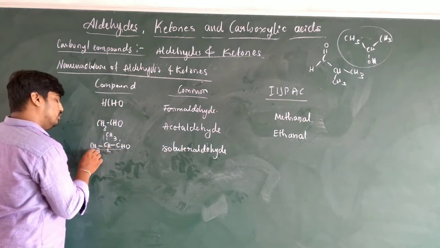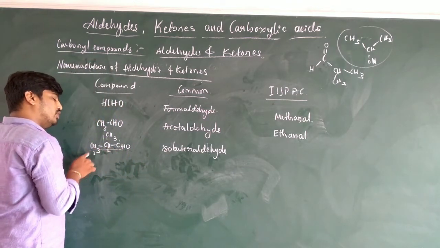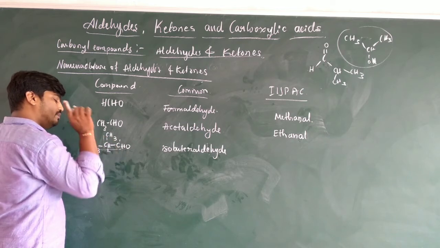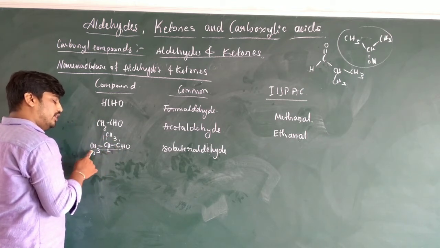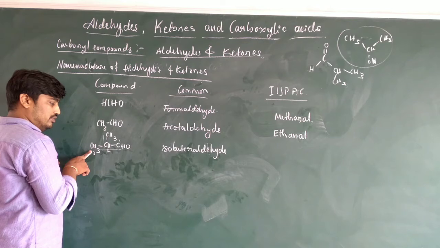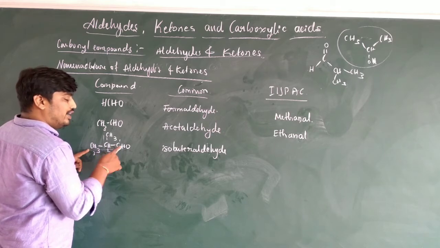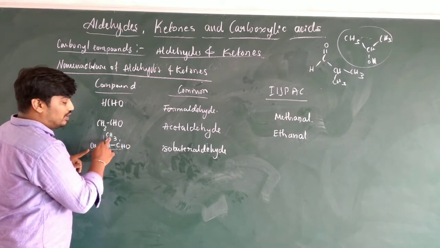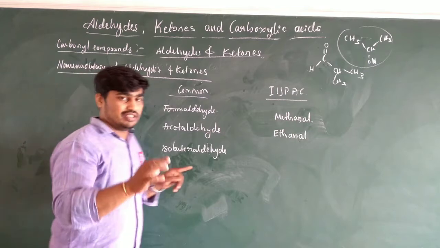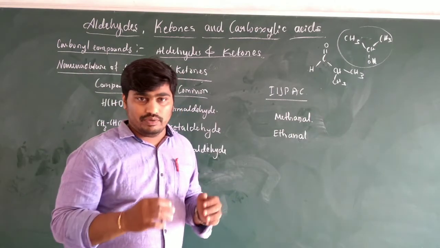1, 2, 3. If it is the long chain, 1, 2, 3. Second carbon contains CH3. Therefore, the long chain contains 3. The second carbon contains CH3. CH3 is a lesser substituent, lower priority.